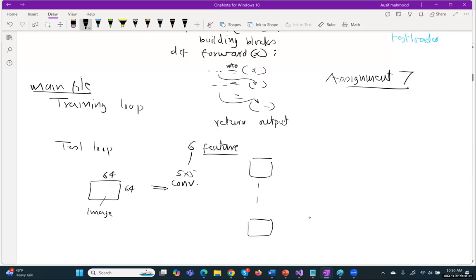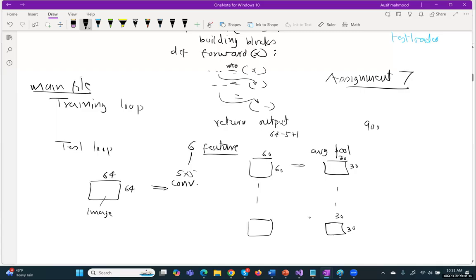And what will be the size of each of these? Remember, it goes 64 minus 5 plus 1, so it will be 60 by 60. Then if we do average pooling, this will get reduced to 30 by 30, because it cuts the image by half.